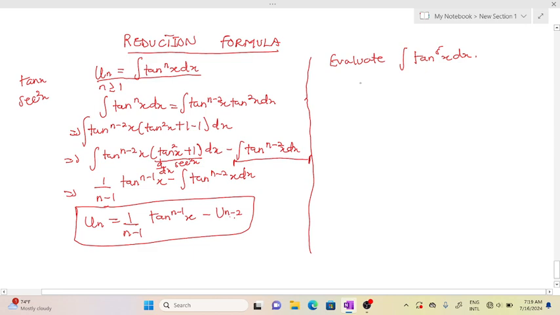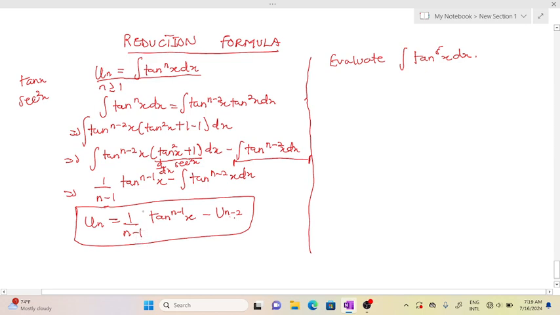It says evaluate the integral of tan to the power 5 of x. So we come to the reduction formula here, which you know is 1 over n minus 1.